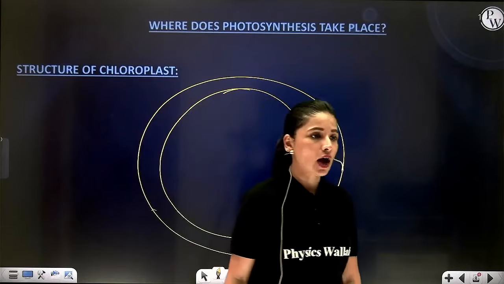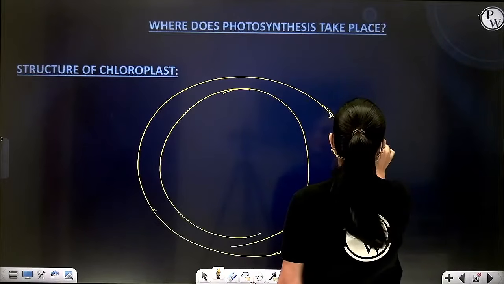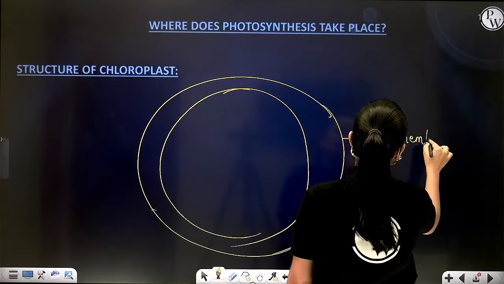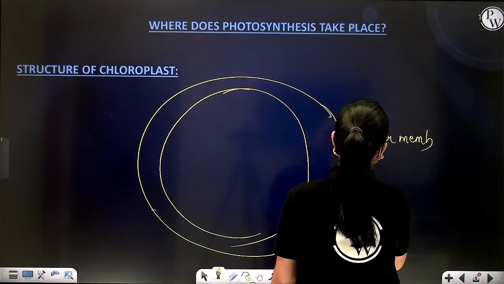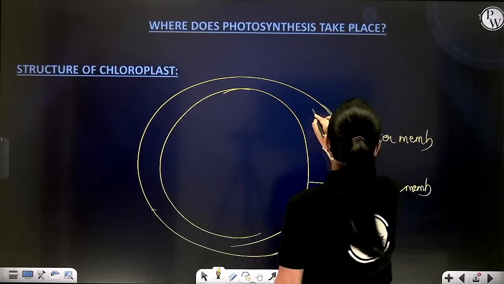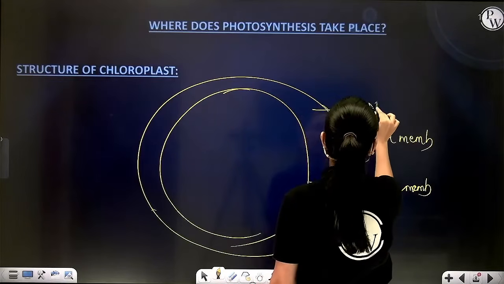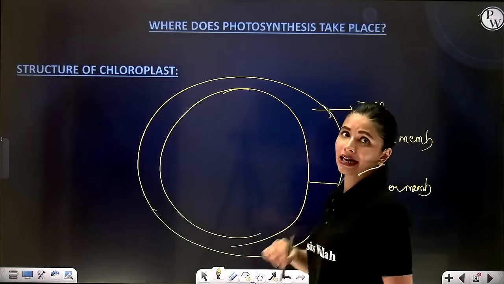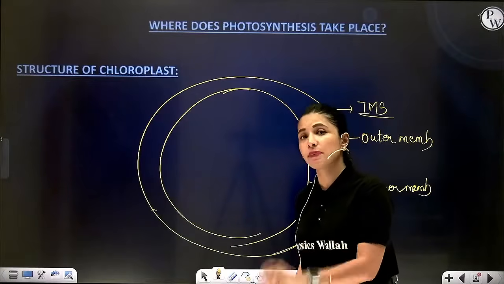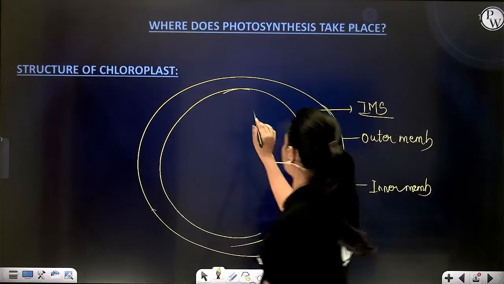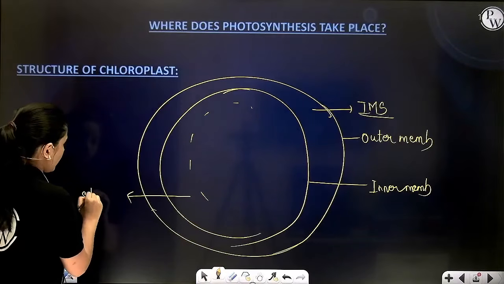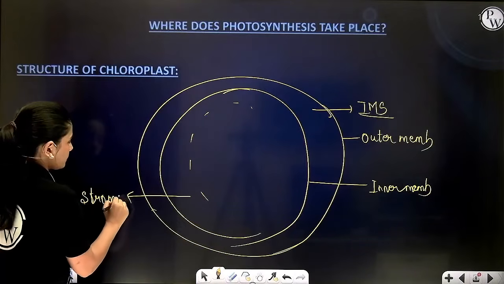There is one outer membrane and then there is inner membrane. The space between outer and inner membrane is known as intermembranous space. Correct? So the space between them is known as intermembranous space. The space enclosed within the inner membrane, this region, the ground substance is known as stroma.